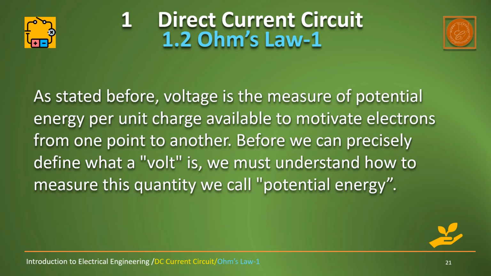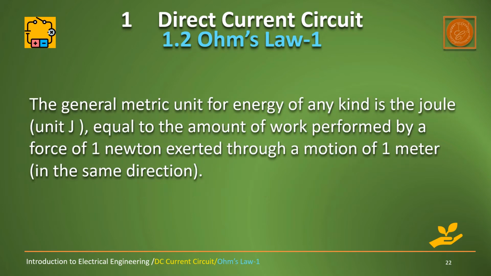Before we can precisely define what a volt is, we must understand how to measure this quantity we call potential energy. The general metric unit for energy of any kind is the joule, equal to the amount of work performed by a force of 1 newton exerted through a motion of 1 meter in the same direction.